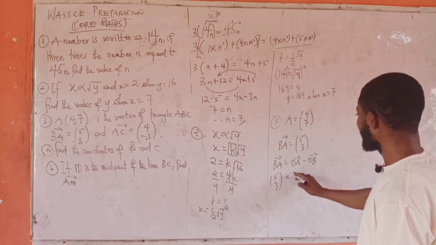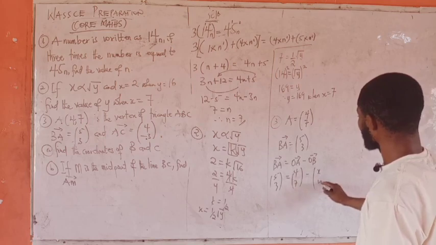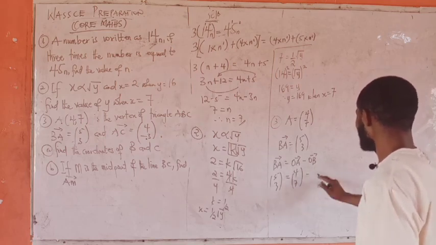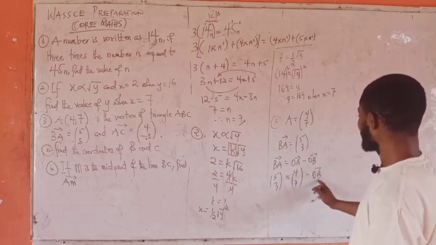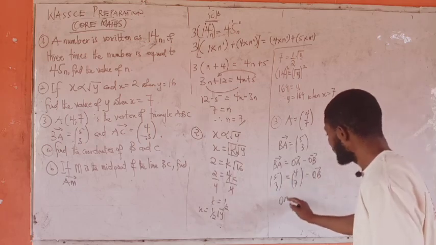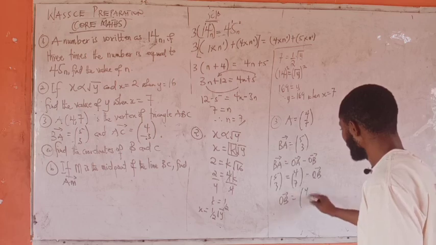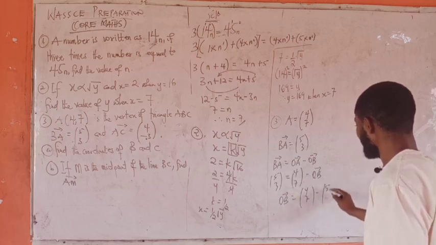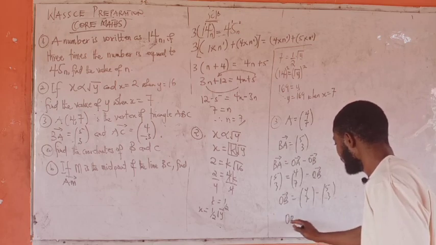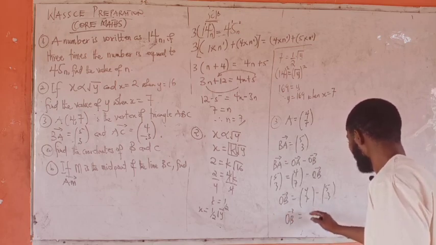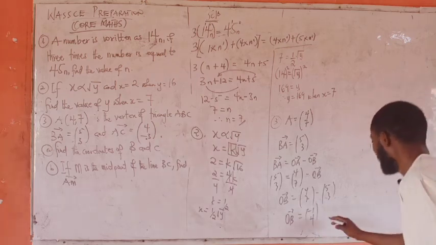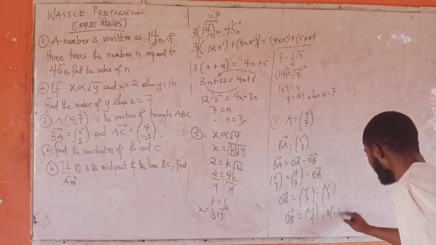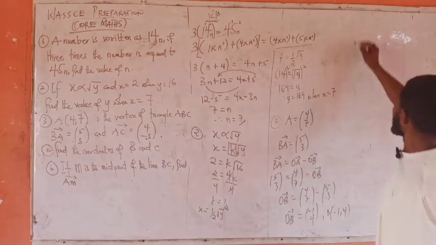So OA (4, 7) minus OB, let's still maintain OB. So this comes here, this comes here. OB is equal to (4, 7) minus (5, 3). OB now becomes (-1, 4). So B is (-1, 4).